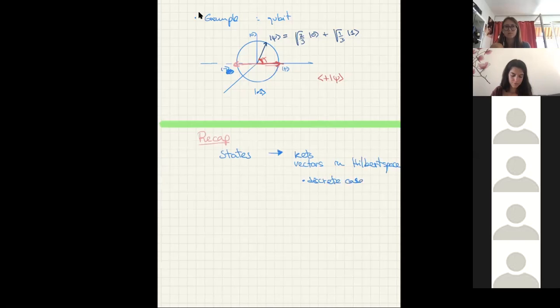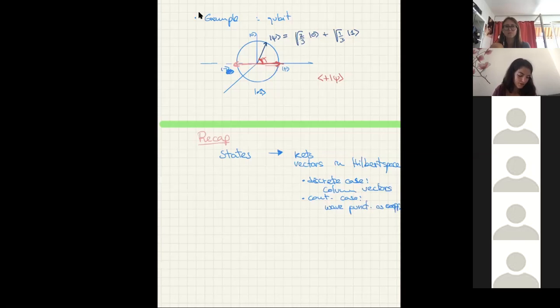In the discrete case, we can represent them as column vectors. In the continuous case, we just set these integrals with the wave function. The reason why it's called wave function is again for historical reasons, and we'll see this later on. And of course, the discrete case also has a wave function, but normally we don't call it that. That's just convention. Good.